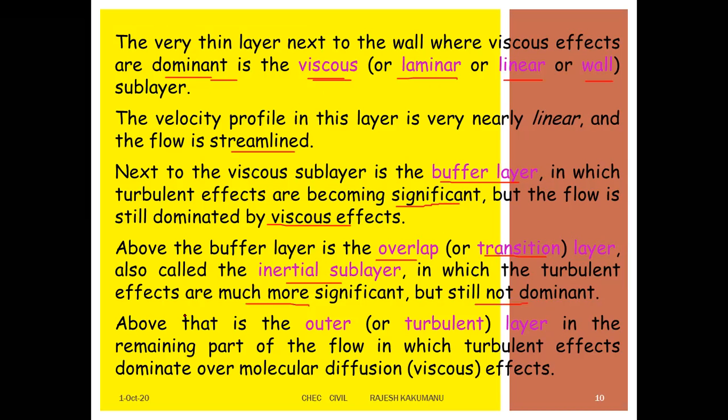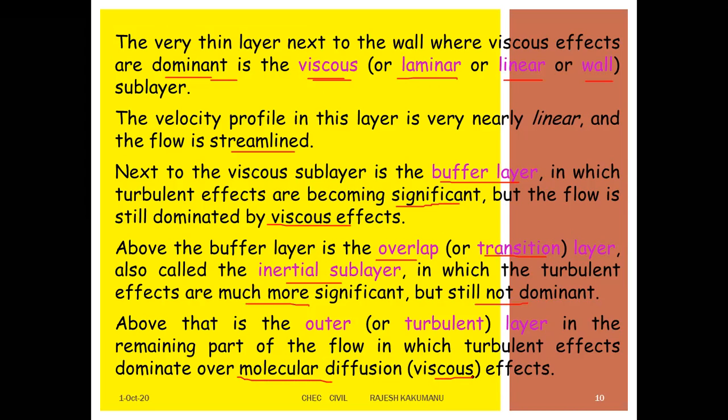Next, above that is the outer layer, that is the turbulent layer, where the remaining part of the flow lies, in which the turbulence effects dominate over the molecular diffusion, that is the viscous effects.